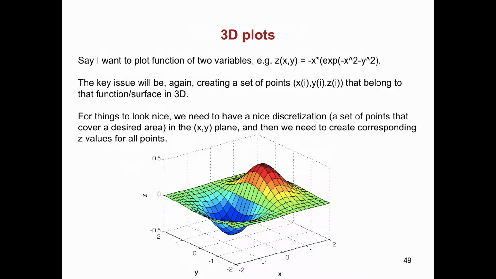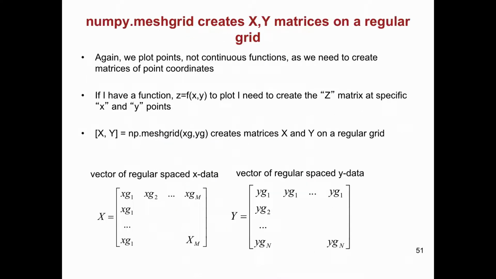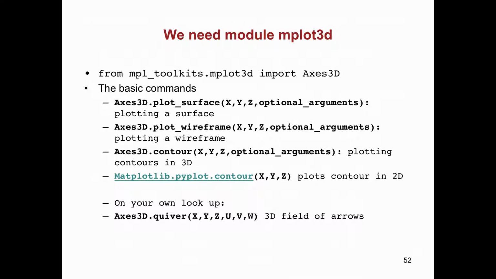And then I compute my function the way I want to compute it. So let's do, and we need this module mplot3d. We're going to get to that, but I'm just going to tell you that once you have x, y, z, there's a number of functions with which you can plot the data. So you can plot the surface, wireframe, and contour.